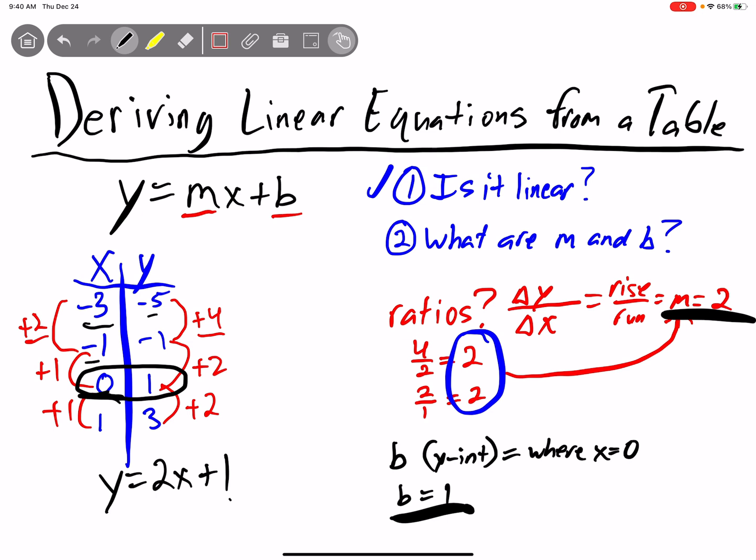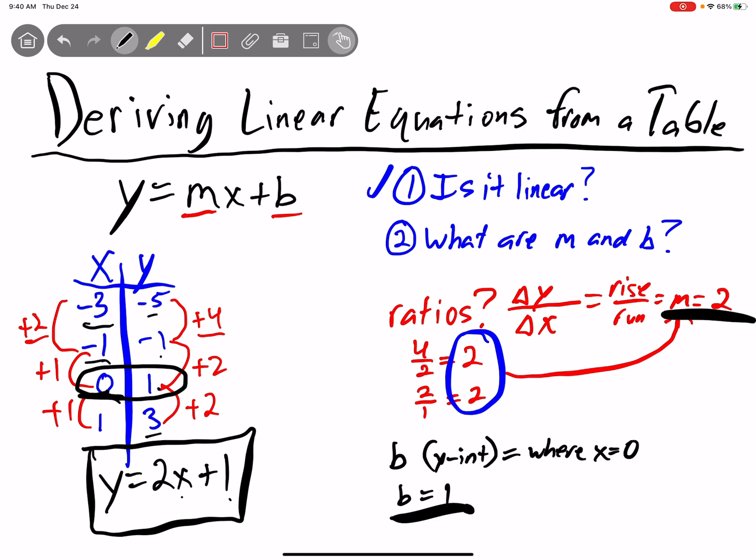If x is negative 1, 2 times negative 1 is negative 2, plus 1 is negative 1. 0 times 2 is 0, plus 1 is 1. 1 times 2 is 2, plus 1 is 3. This is the equation that represents the table.